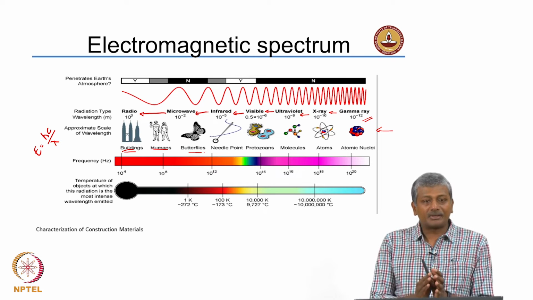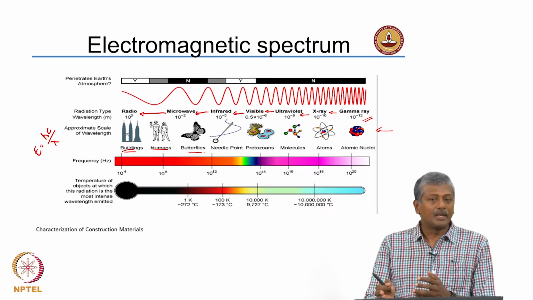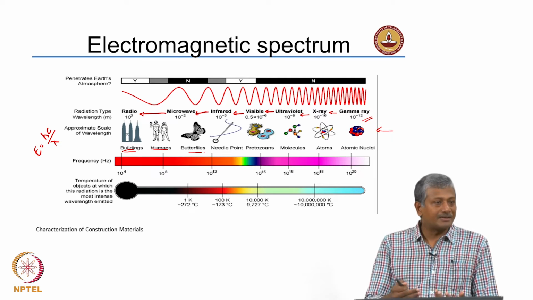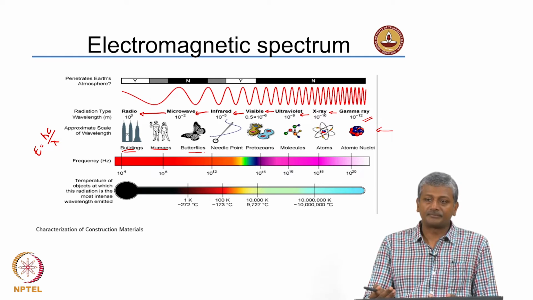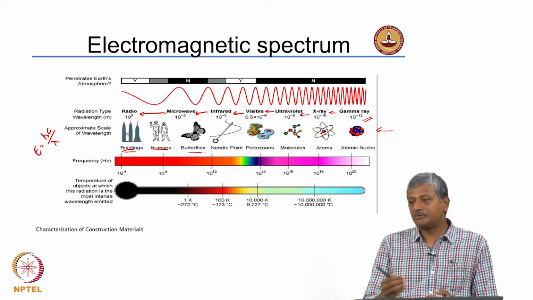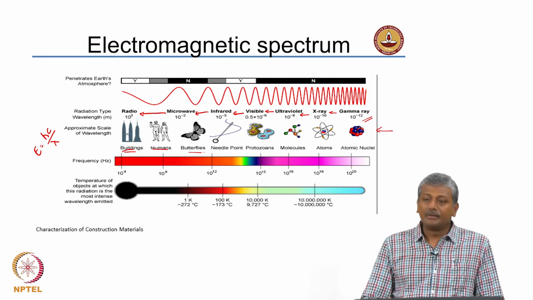As you are trying to utilize different categories of electromagnetic radiation, your capabilities of measuring with that radiation become different. So, if you have to measure in kilometer scales, obviously you have to use radio waves.